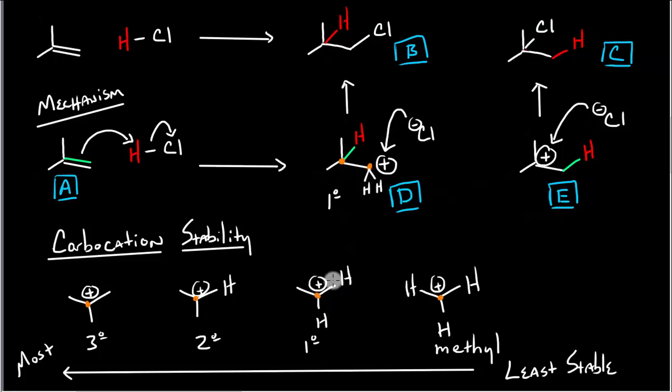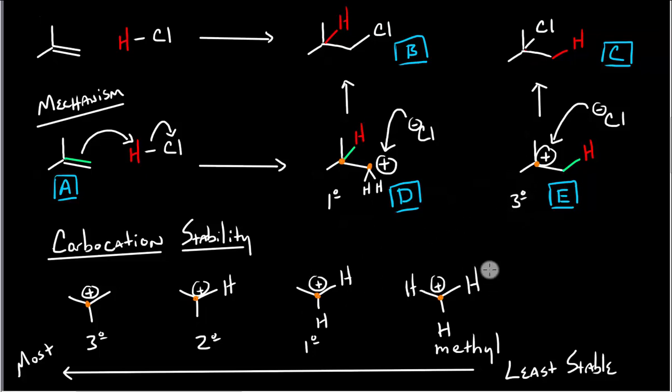But again, we're not counting the hydrogens, we're counting the direct non-hydrogen substituents. So if D is primary, E would be tertiary, because this E carbon, with the orange carbon in the center, has 1, 2, 3 directly bound non-hydrogen units, or carbon units. So this one has a tertiary designation.